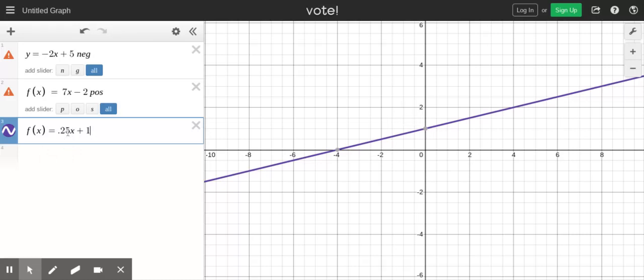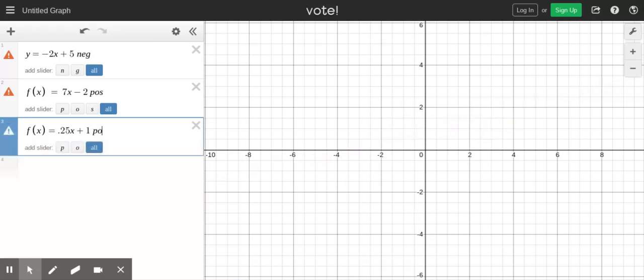Thinking in terms of 1/4, that means you're going to go up 1 box and over 1, 2, 3, 4. Up 1 box, over 4. And again, ignore these numbers here on the axes. Just think of it in terms of boxes as you're counting. Up 1 over 4, up 1 over 4. And this one is also a positive slope.